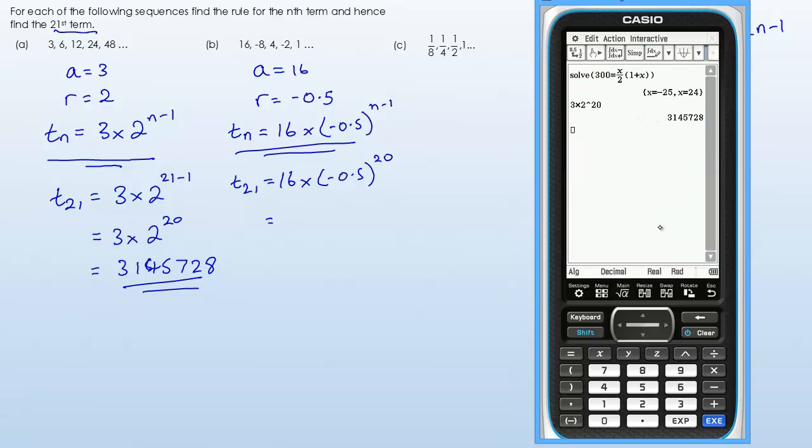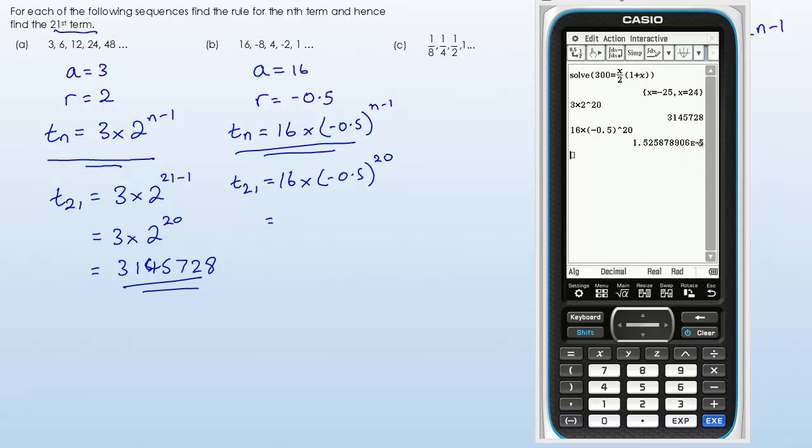So 16 multiplied by negative 0.5 to the power 20, and do make sure that's in a bracket, and then that gives us this answer here.